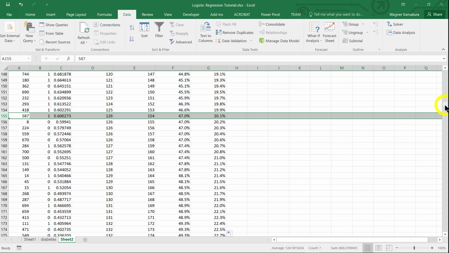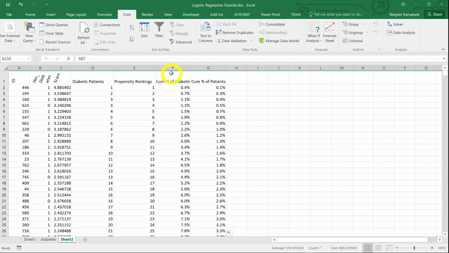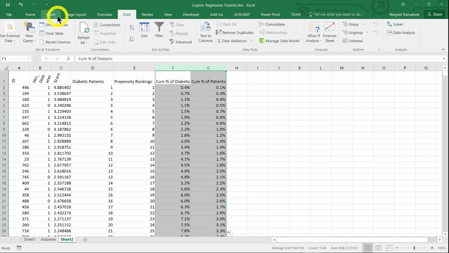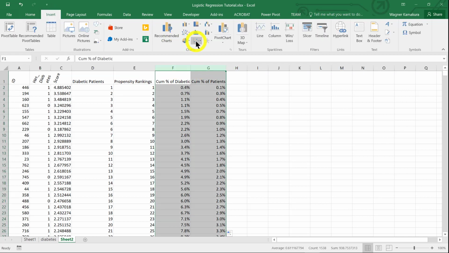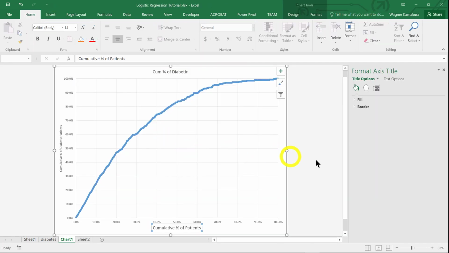We can see this by plotting those two columns in a scatter plot. Now we can see in this chart how well the propensity score separates diabetic patients from non-diabetic patients. The top half of patients with the highest propensity score account for more than 80% of all diabetic patients.